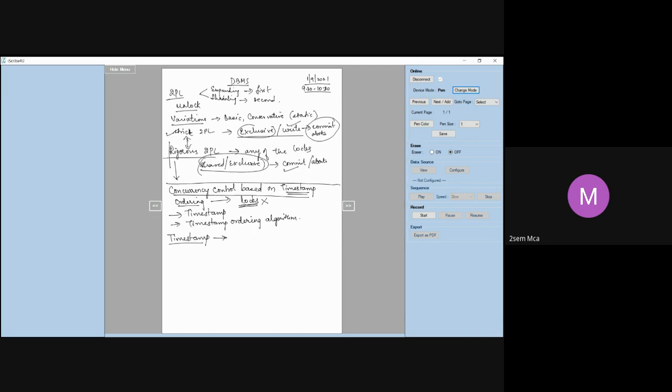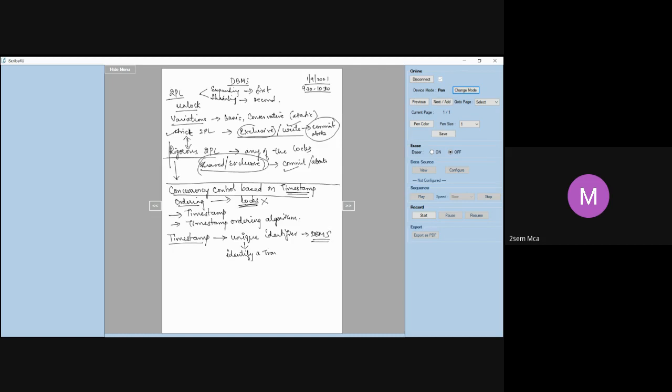That apart, let us now understand what is a timestamp within the scope of DBMS. The timestamp can be defined as a unique identifier created by the DBMS in order to identify a transaction.